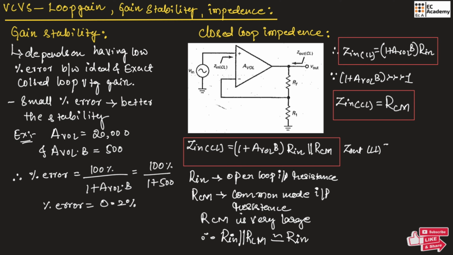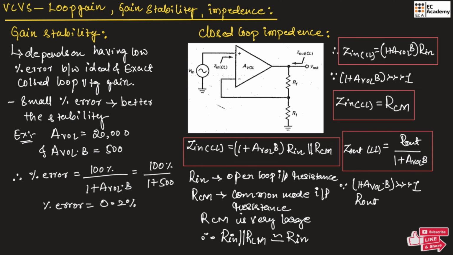Here we can write the closed loop output impedance as R out divided by 1 plus AVOL into B. Since 1 plus AVOL into B is very much greater than 1 and R out will be around 75 ohm, the closed loop output impedance will always be less than 1 ohm for practical applications.